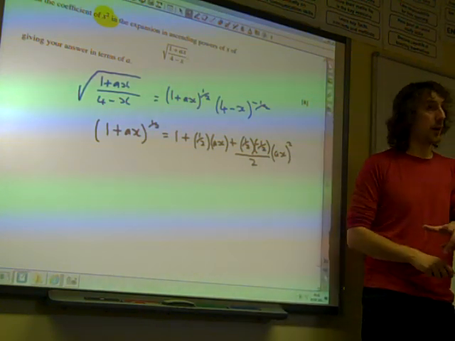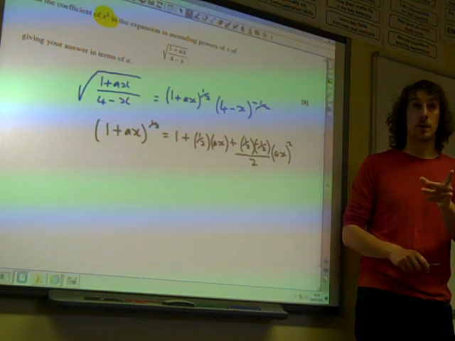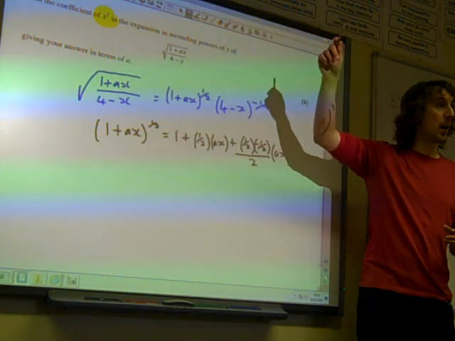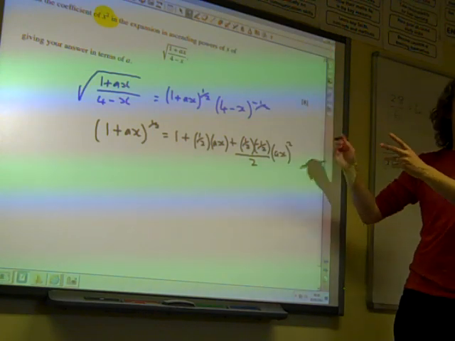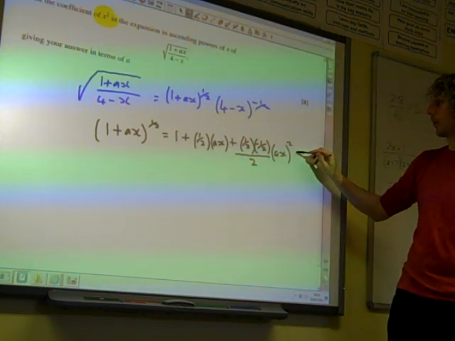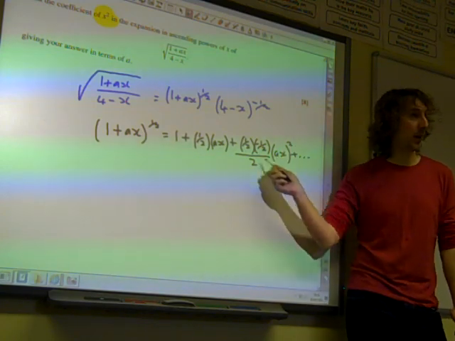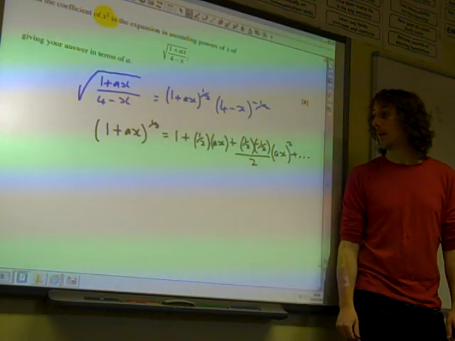I'm not going to go any further because the question wanted me to find the coefficient of x squared, and so I'm never going to need the coefficient of x cubed in any of the expressions, so I'll stop there. I will need that expression that far.